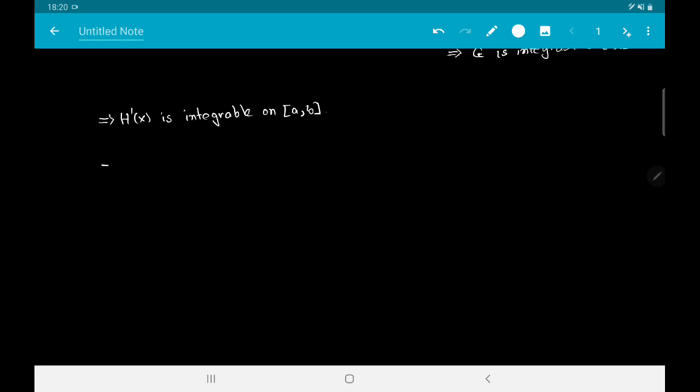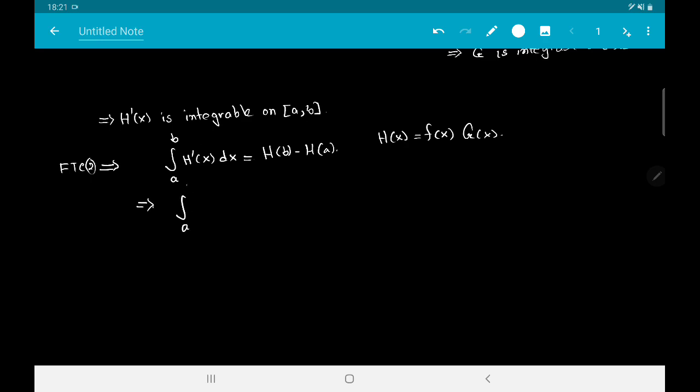So here comes fundamental theorem of calculus part 2. What do we know about it? We know that the integral on the closed interval ab of the function h prime x dx is equal to h(b) minus h(a). Don't forget what the function h was: h(x) was defined as small f(x) times big G(x). So let me write this down using the product formula.